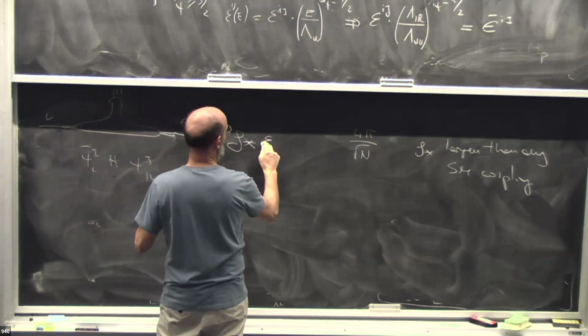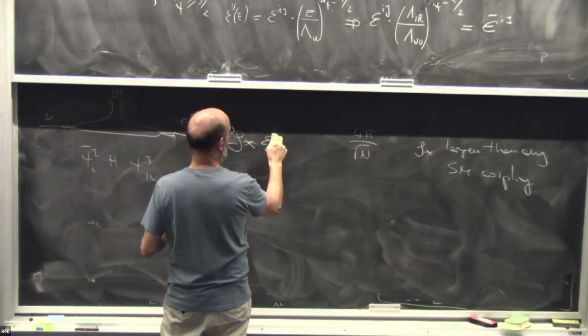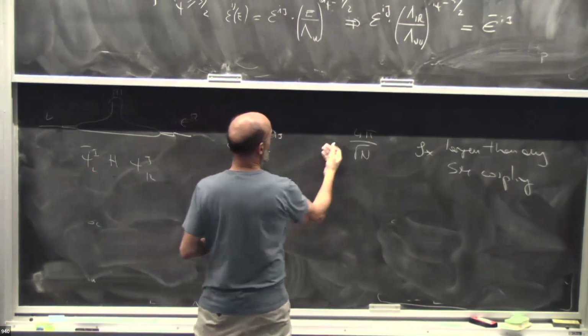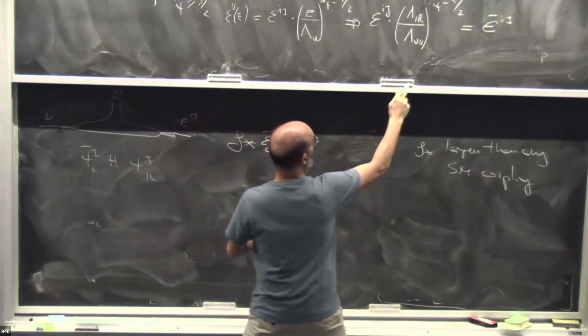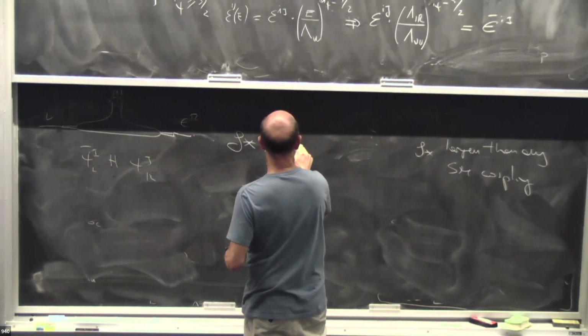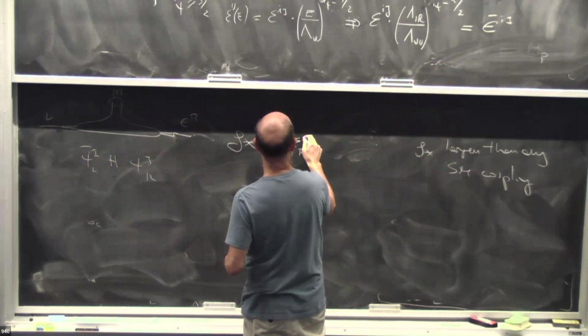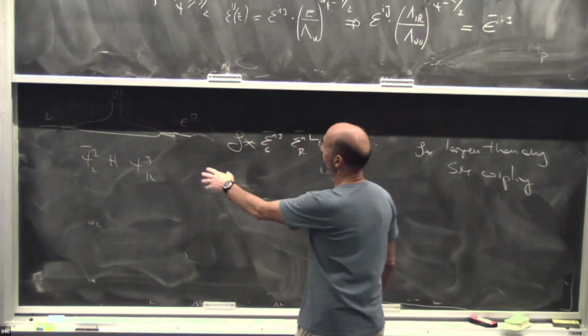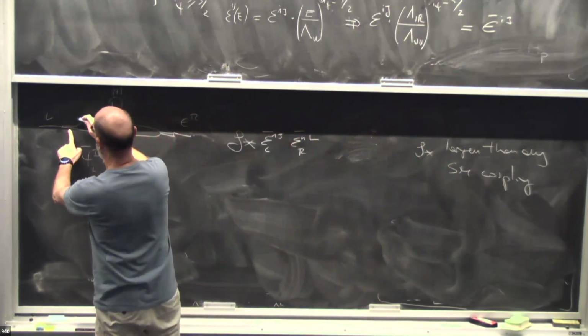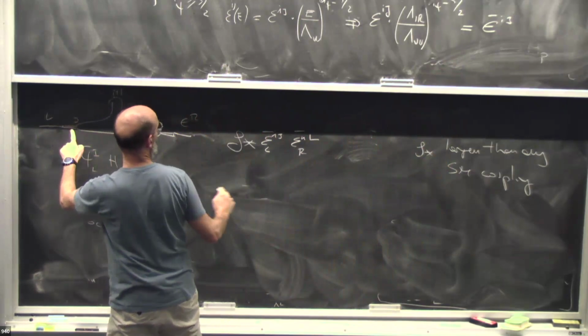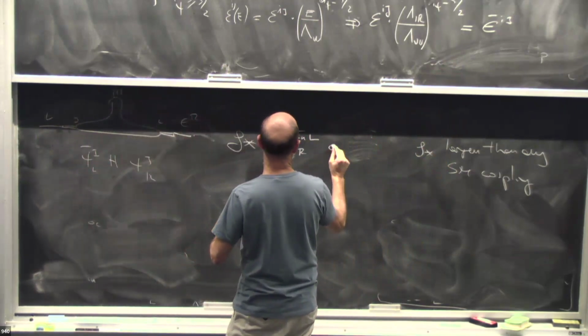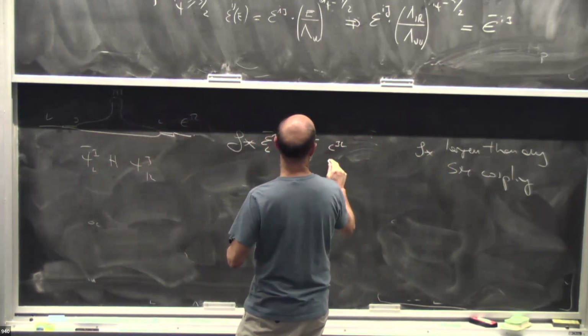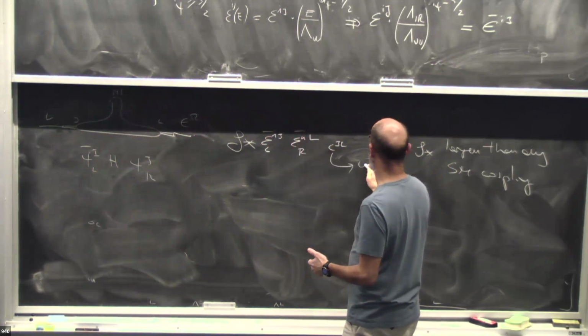So the mixing of the left-handed fermion, the effective mixing at the low scale, times the mixing of the right, and there's going to be some matrix C_JL, which is expectedly order 1.